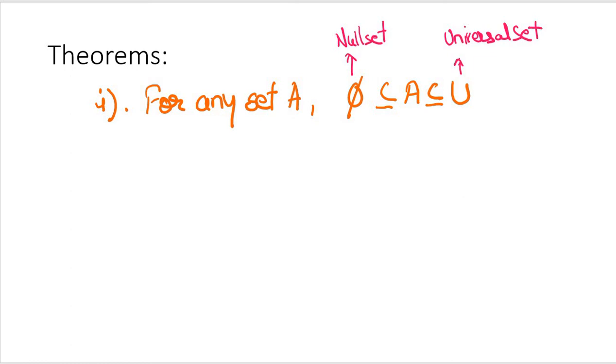So for any set A, this particular set will always be a subset of universal set, and null set will always be a subset of that particular set. I hope I am able to convey this particular point, and these are very basic items.